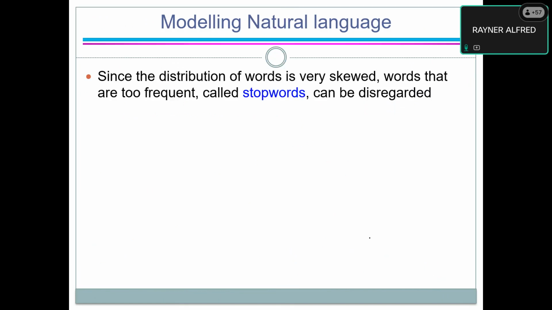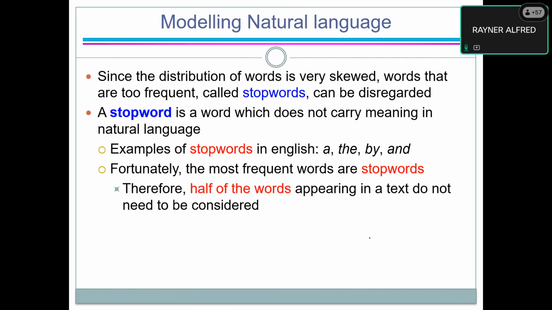For that reason, all the stop words that we have can be disregarded because they occur more frequently compared to the other terms. The stop words are words like the, by, and so on, and all of these can be ignored. You don't have to put them in the vocabulary.